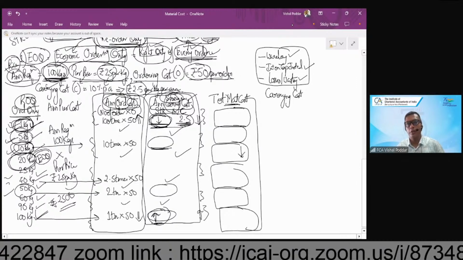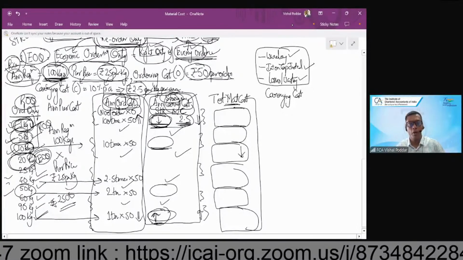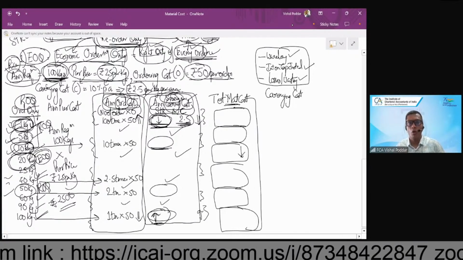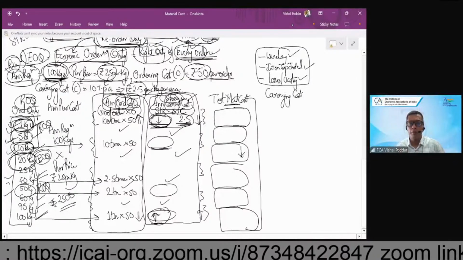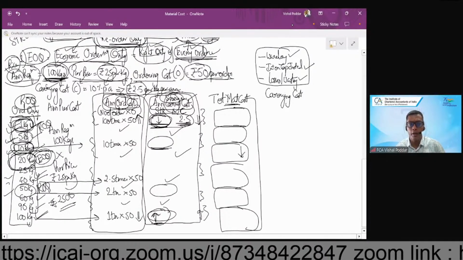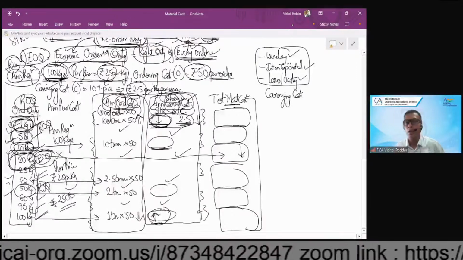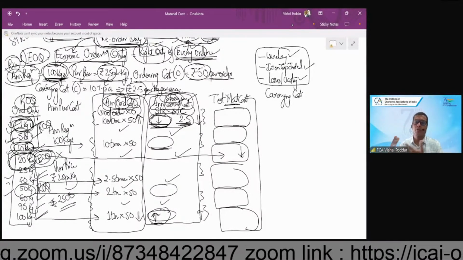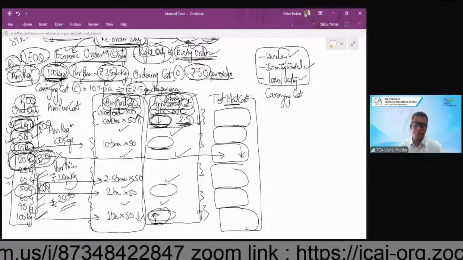So it will be called EOQ. And the remaining options, where I can place an order but I will not, because they are not so profitable, will be called ROQ. See, all these quantities are ROQ. ROQ is reorder quantity. Out of these, the one quantity where my total cost is lowest is my EOQ. All other quantities have some cost, but they are higher. So they are simply ROQ, that is reorder quantity.